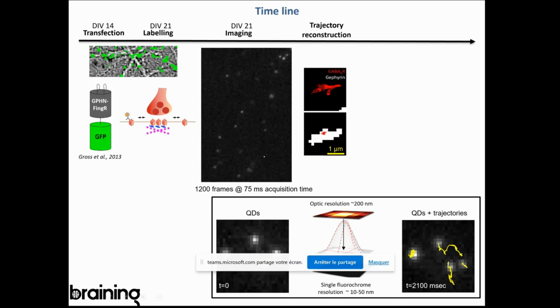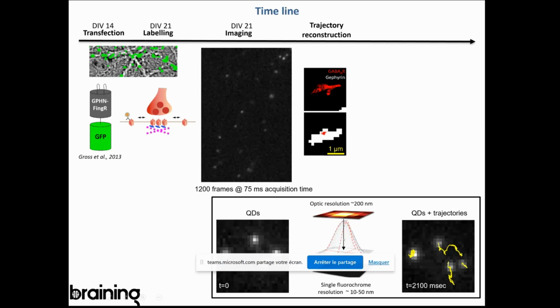Then for each of these movies, we are using a Gaussian fit to transform this big dot into a single molecule, a single dot, and this is done thanks to a Gaussian fit.